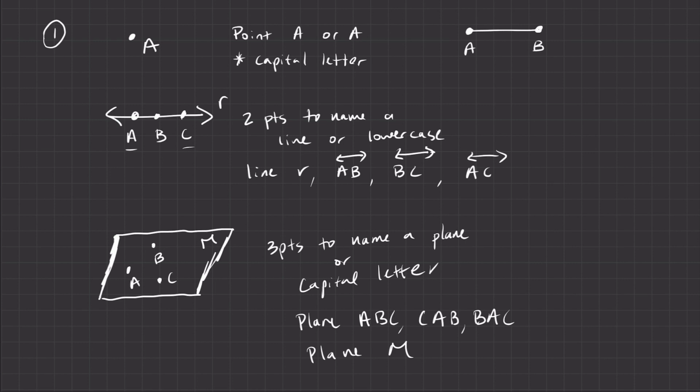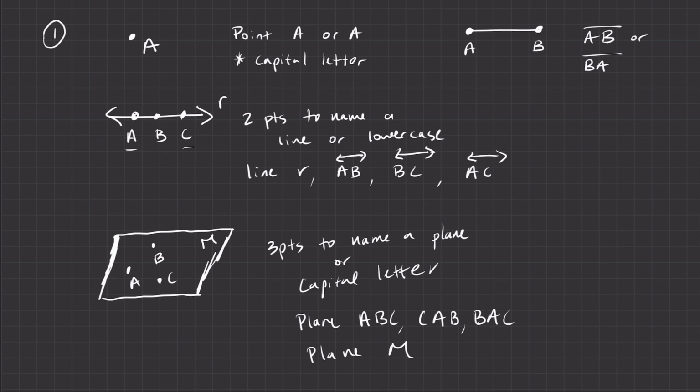Okay, it's part of a line. And it has a stopping point and a stopping point, 2 stopping points. So to name a segment, I just need the 2 points. So we can call this segment AB with a bar above it, or segment BA with a bar above it. Okay?